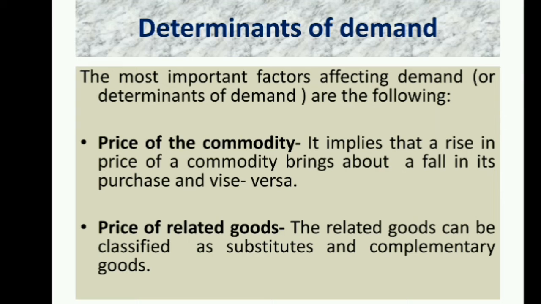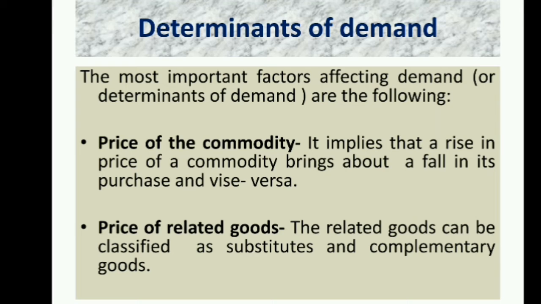The first determinant which I will discuss with you is price of commodity. The law of demand states that if other things remain the same, the demand of the commodity is inversely related to its price.